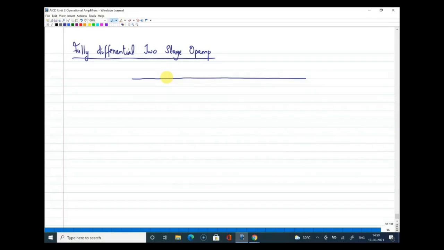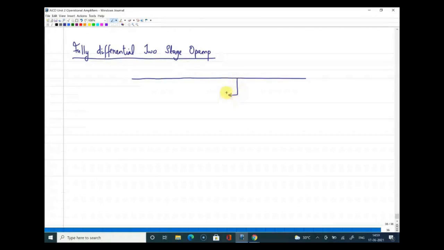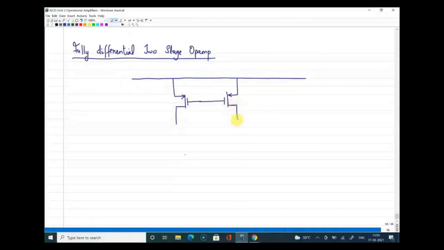So now I will draw the diagram here. The very simple way to draw a two-stage op-amp is to have a differential amplifier as the first stage and a common source amplifier as the second stage. But there is a small difference in the way you have drawn it. So what we generally do is, yeah, this is your differential amplifier.